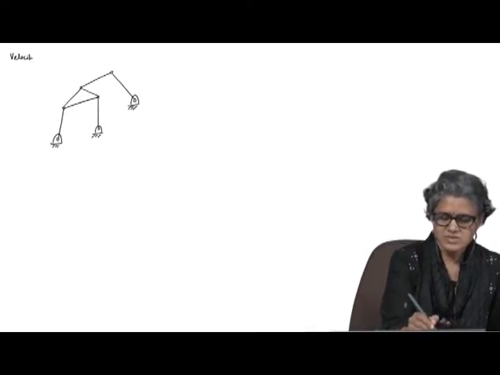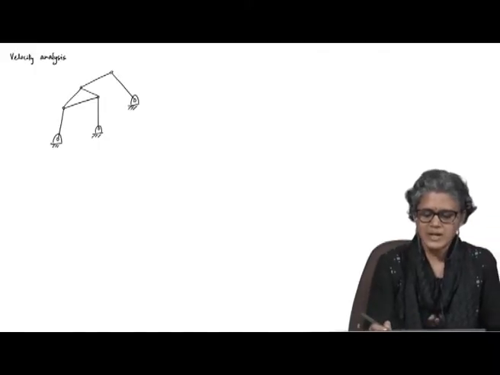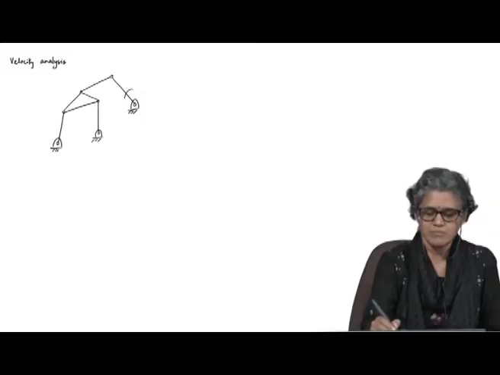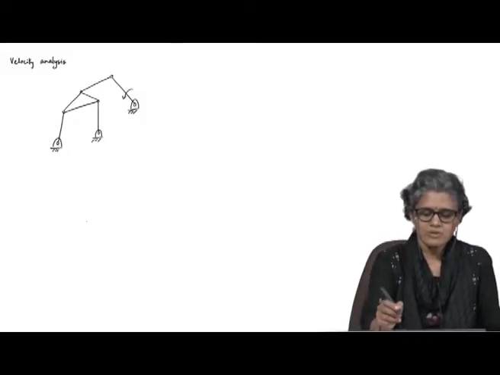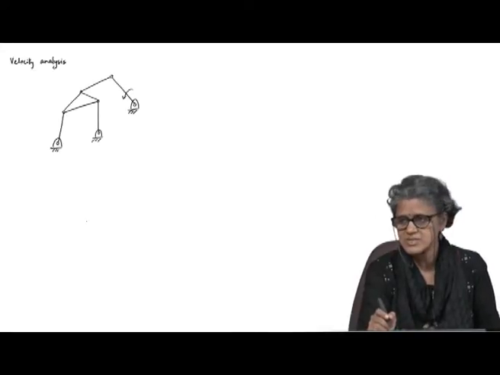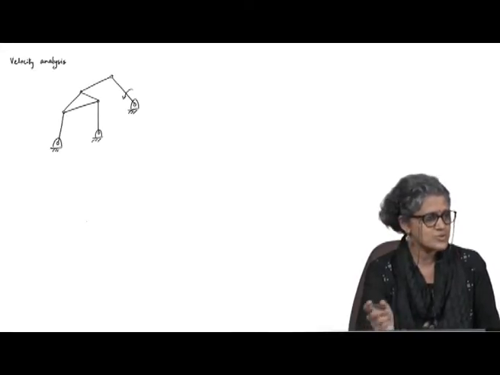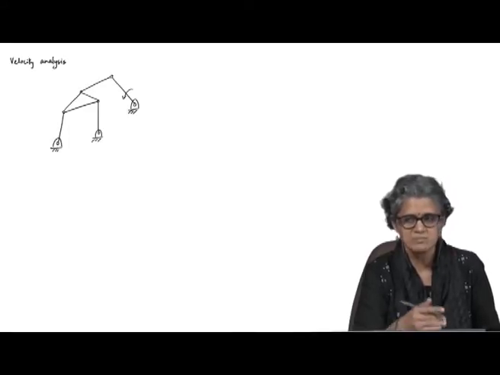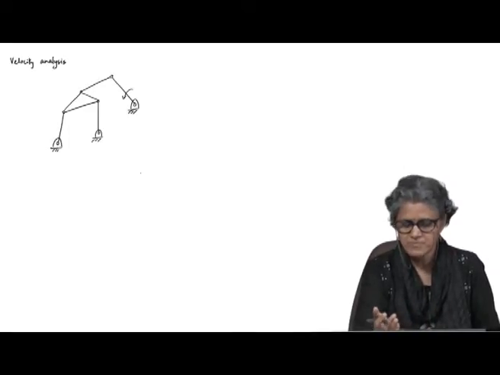Okay. So, velocity analysis. The methods that we looked at were, if this is the input, we found we can't directly solve using the velocity difference method. So, you either use inversion in this case, because inversion actually makes this a simple mechanism.